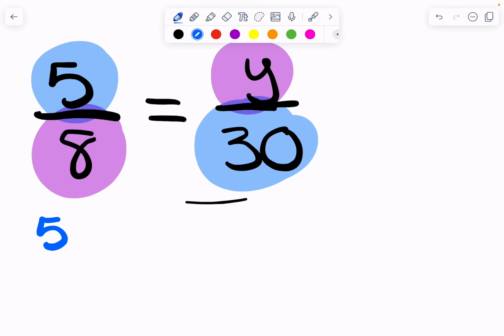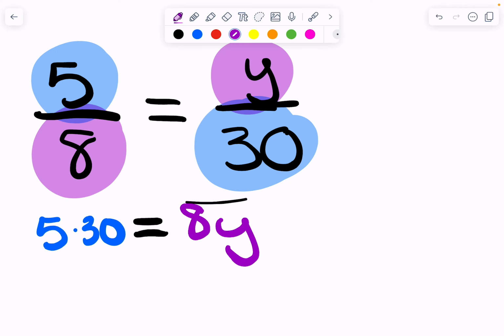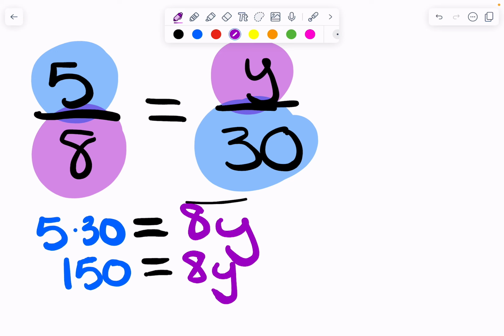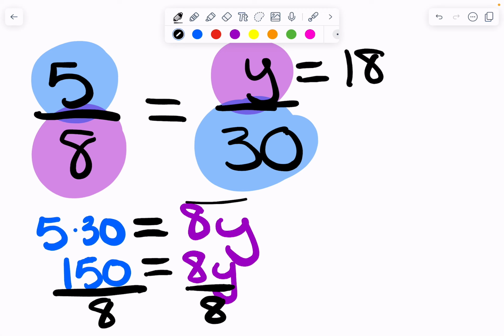So 5 times 30 is going to equal the same thing as 8 times y. When I multiply 5 times 30, I get 150. So 8 times something equals 150, so I can solve that by dividing 150 by 8. And I can figure out that y is going to be 18.75.